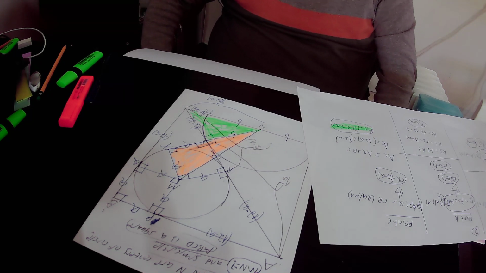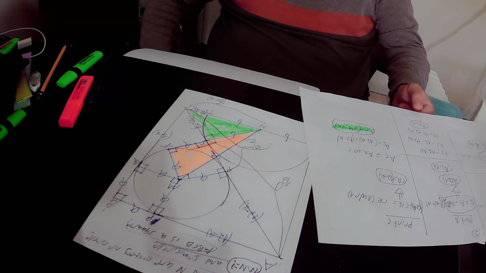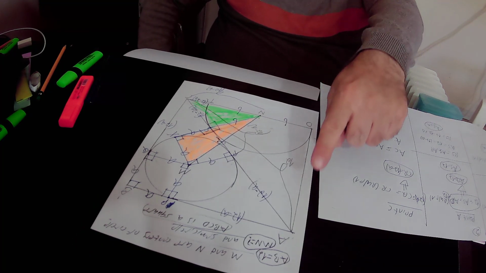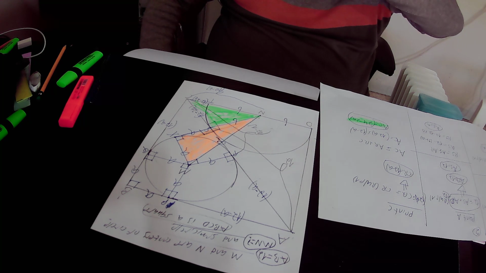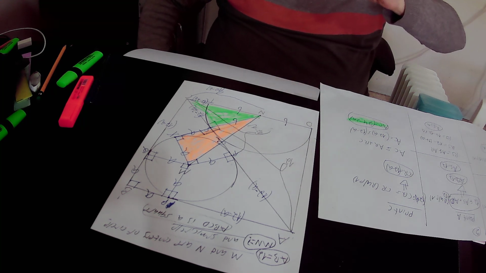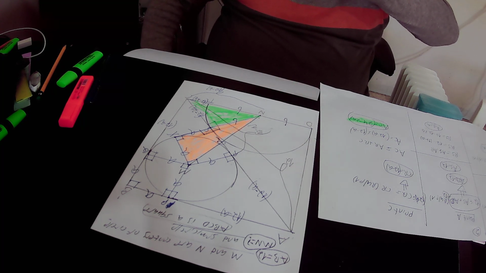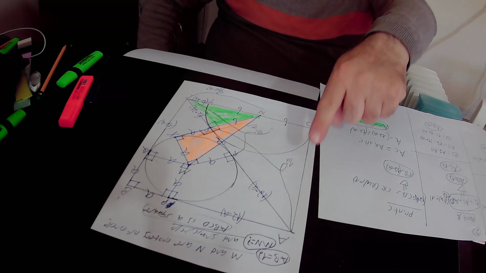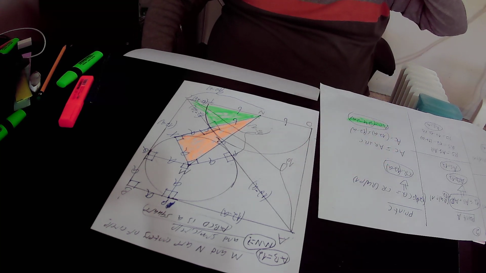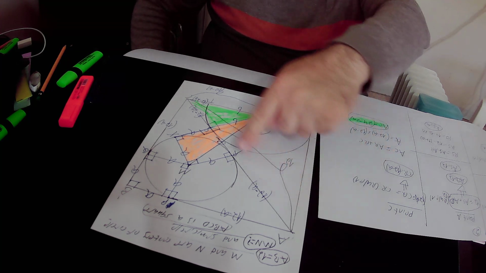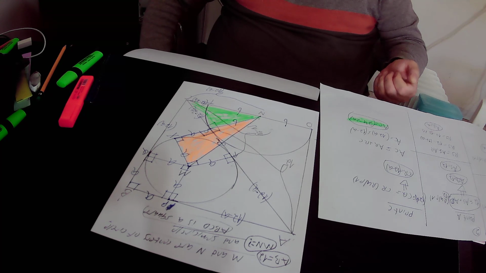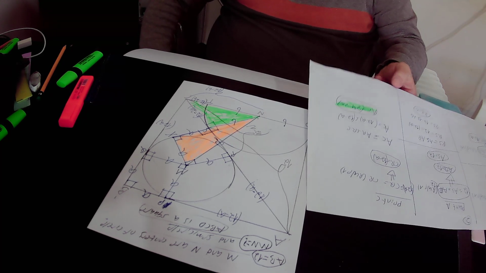We will continue to focus on point A. Point A is a common external point in relation to the semicircle. From point A, we have two tangents to this semicircle. The first tangent is tangent AD. The second tangent is tangent AS. And according to rule number 1, the lengths of those two tangents are equal to each other.